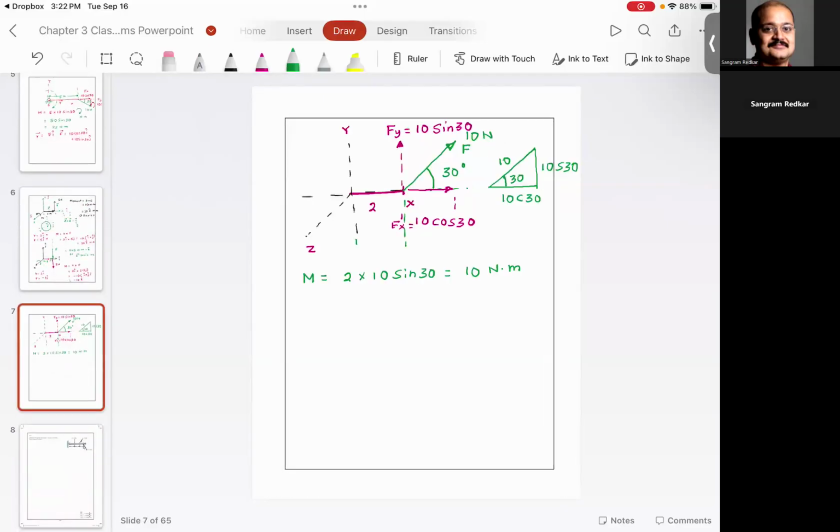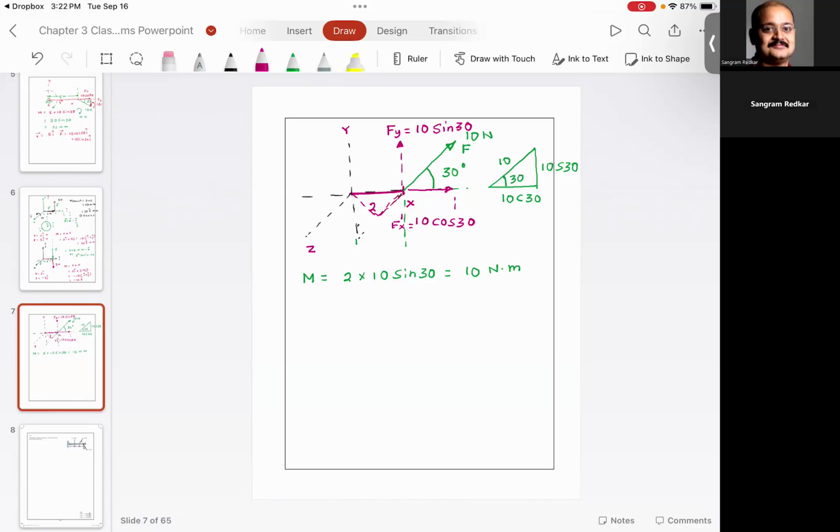So I find the component of 2. So basically, I resolve this component of 2. So let me resolve this properly in this direction.